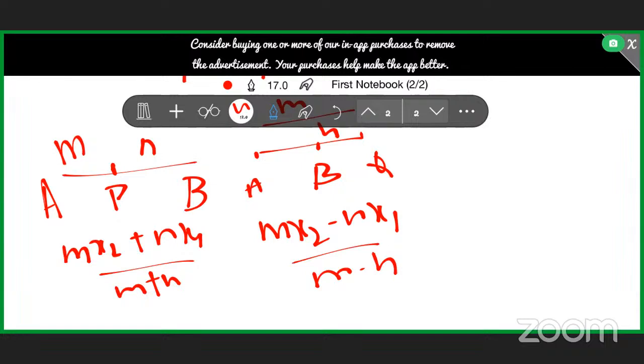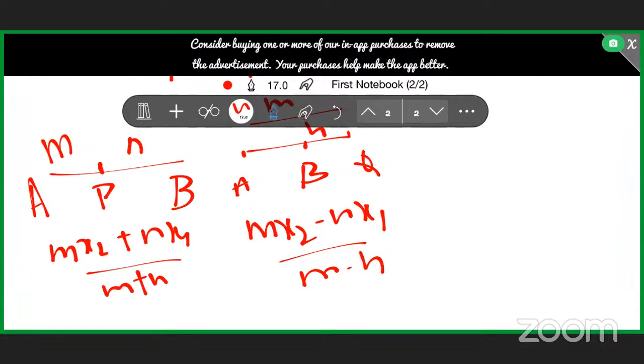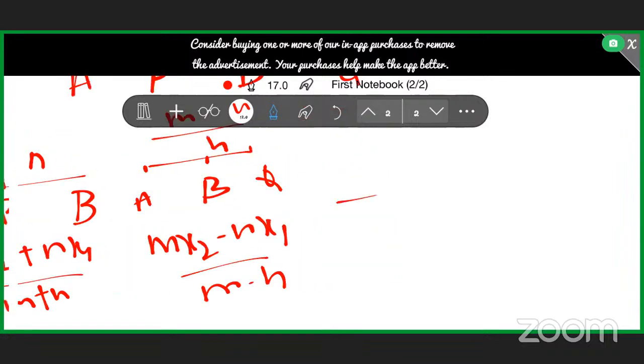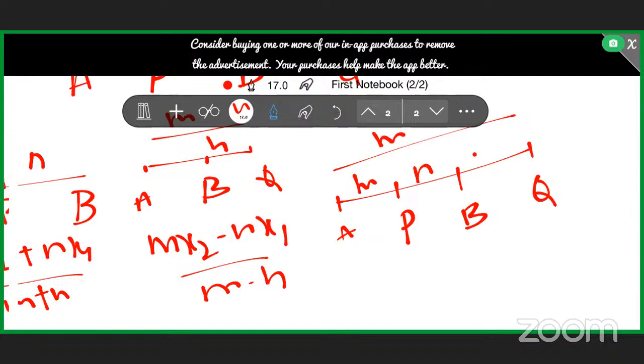But now, in the same line segment AB, there is one point which divides the line internally in the ratio m is to n, and another point which divides the line in the ratio m is to n externally.